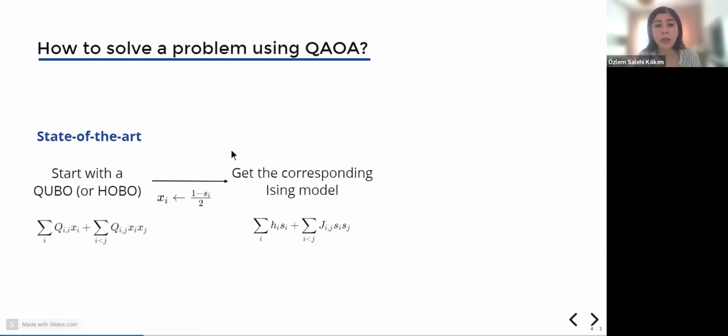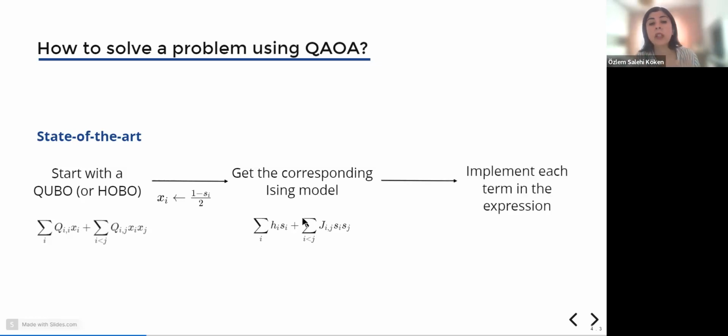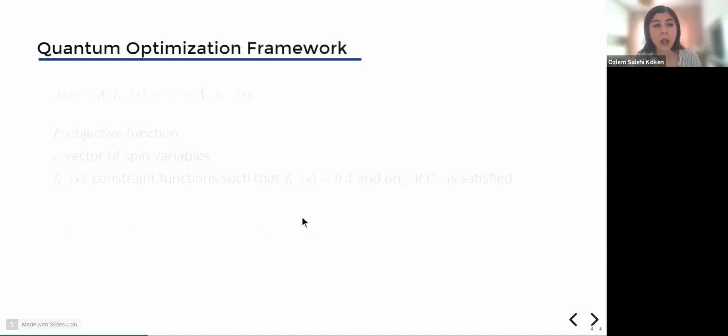Then you get the corresponding Ising model, which you can do by replacing xi with 1 minus si over 2. Here, si's are spin variables. They're either minus 1 or 1. And once you get the corresponding Ising model, you implement this term-wise. I will show this next.